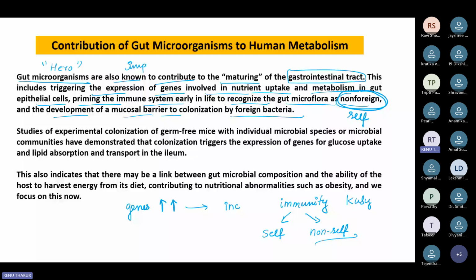So studies of experimental colonization of germ-free mice with individual microbial species or microbial communities have demonstrated that colonization triggers the expression of genes for glucose uptake and lipid absorption and transport in the ileum. Now, all these things are in research, everything is found out by having some sort of experiments.